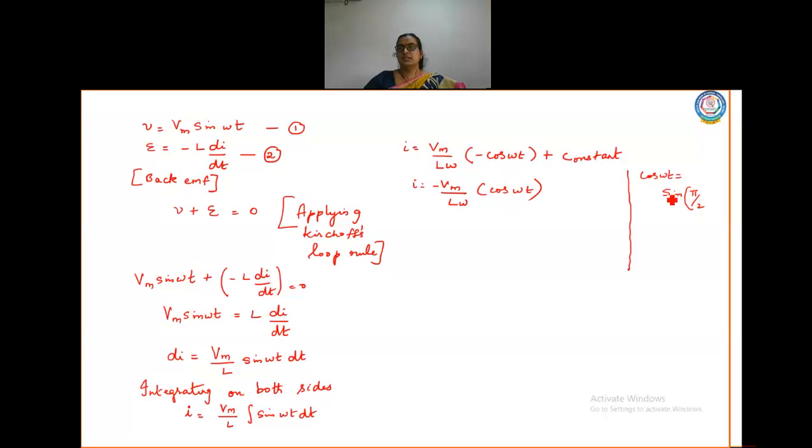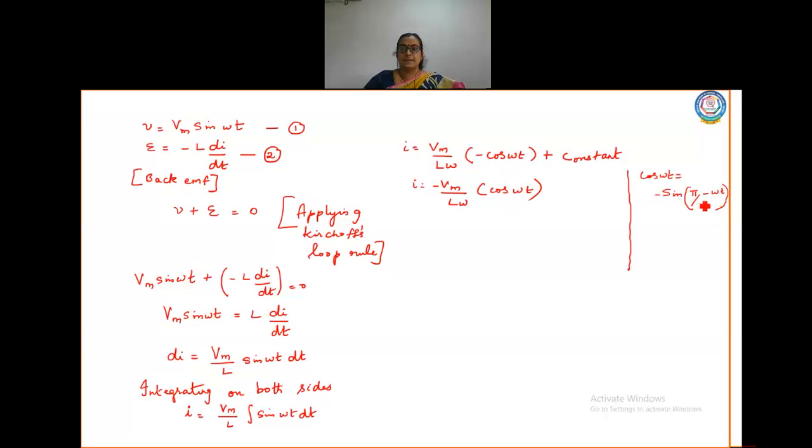So cos theta can be written as sine 90 minus theta. Theta is nothing but omega t, right? So sine 90 minus theta, and here I have a minus sign, so I will have minus sine pi by 2 minus omega t. But I need to remove this minus sign. To remove it, I will rearrange this term, because sine of minus theta will be minus sine theta.